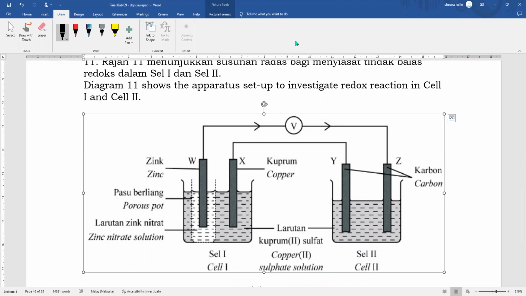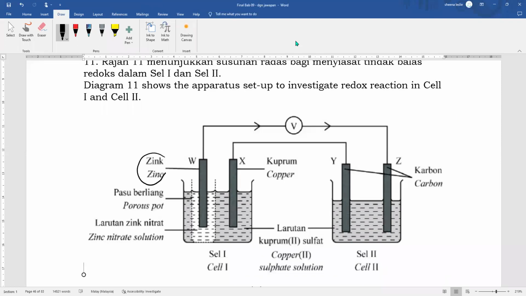Now, you tell me for cell 1, which one is my anode, which one is my cathode? W is the cathode, Z is the anode. Wrong. Why not W to Z?